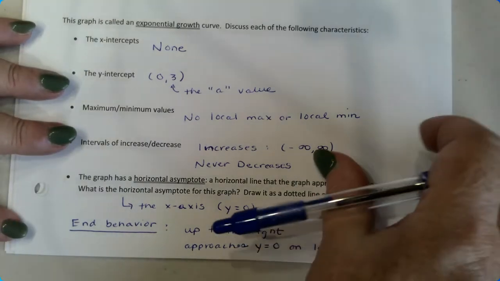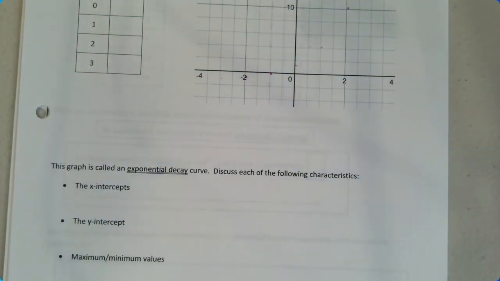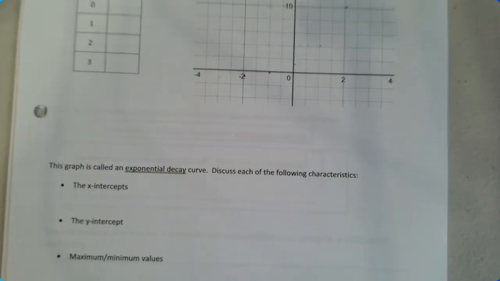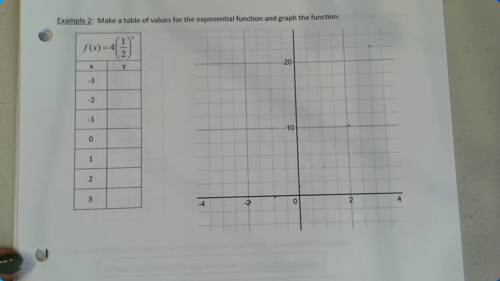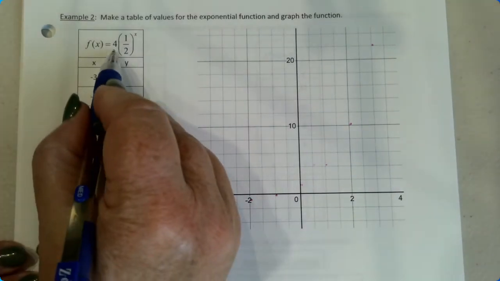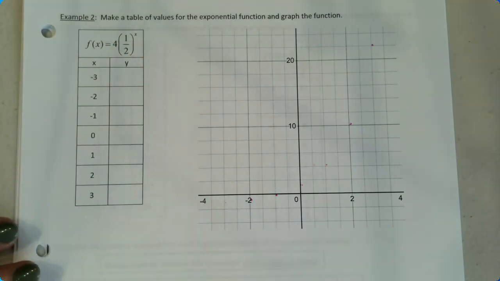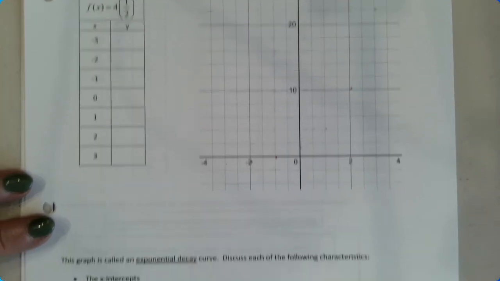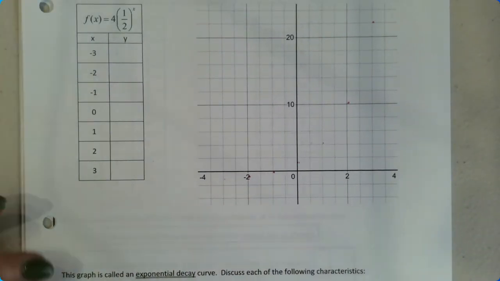All right, so I've got one exponential function graphed, and we're going to go ahead and graph one more by hand, and then we can start talking about some conclusions. This time, my a value is going to be 4 multiplied by the base 1/2 to the x power. So once again, I want to plug in a few different values of x and calculate the y.